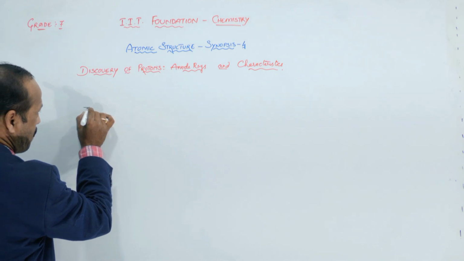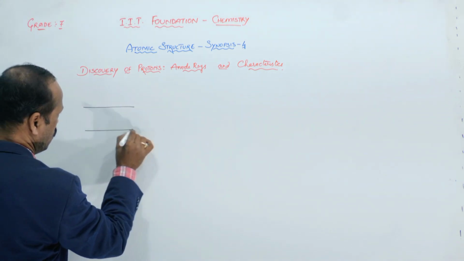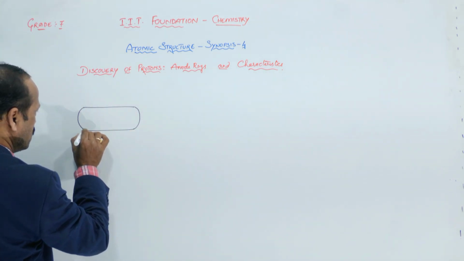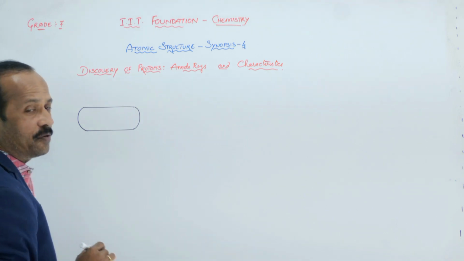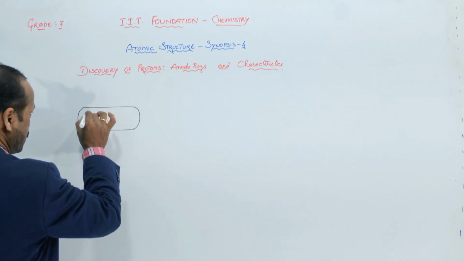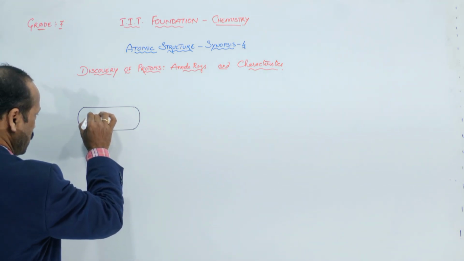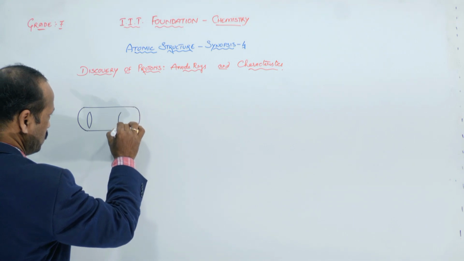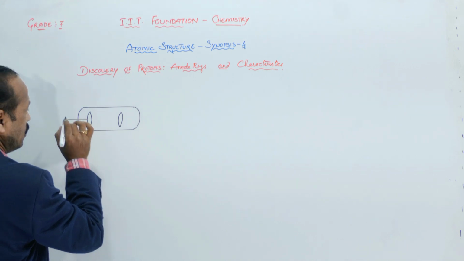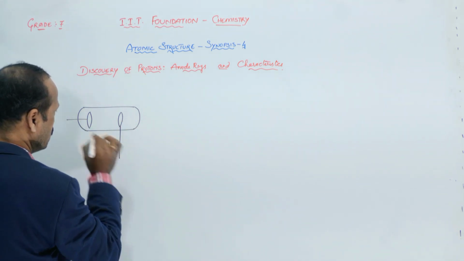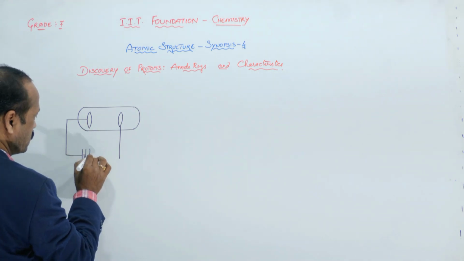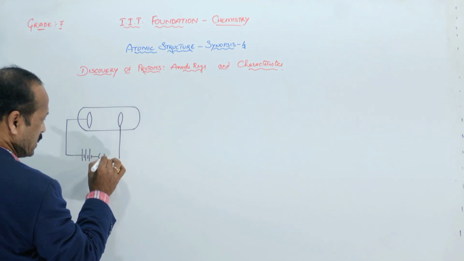A glass tube, approximately like this. Here also we use the discharge tube in the discovery of protons or anode rays, and it consists of one cathode and one anode. This we connect to the positive terminal and this we connect to the negative terminal. Here it is a battery or source of electrical energy, and this is a key.